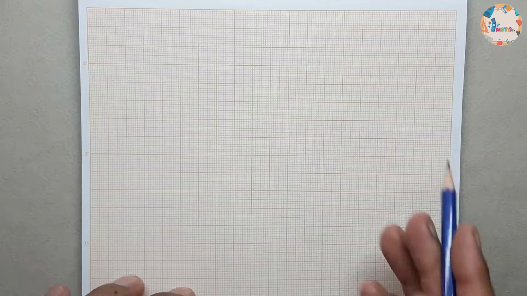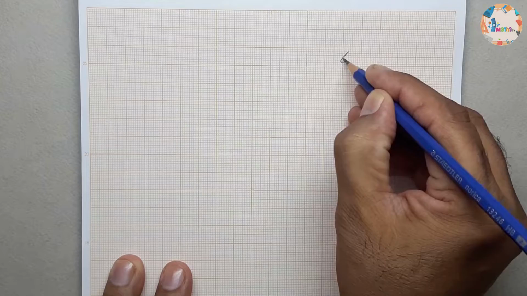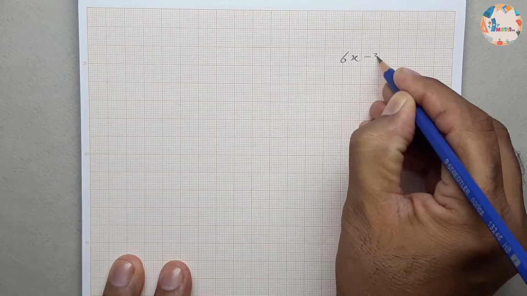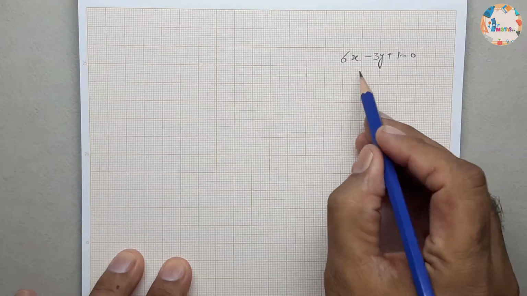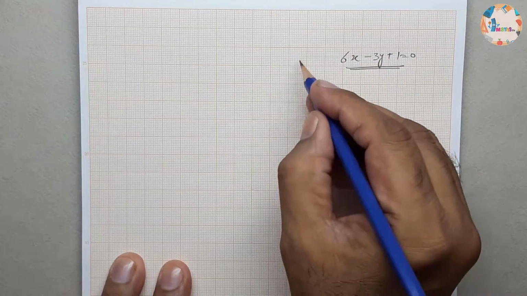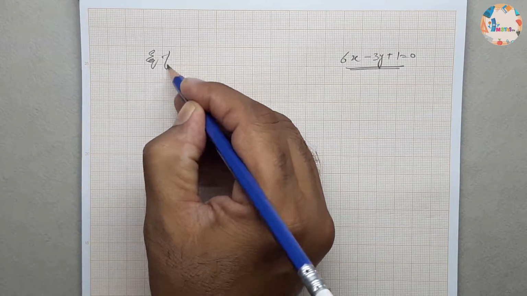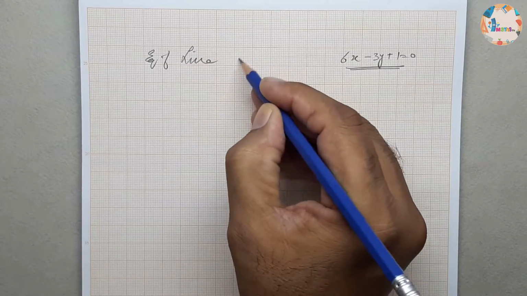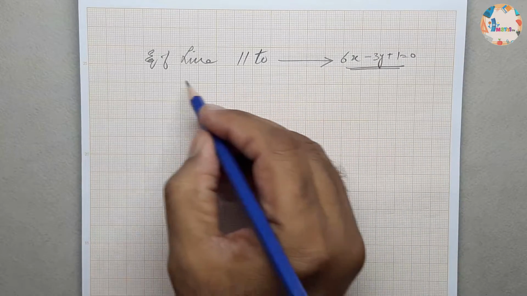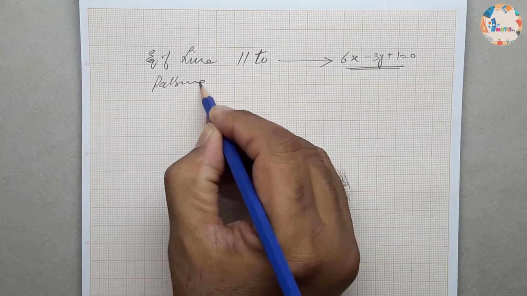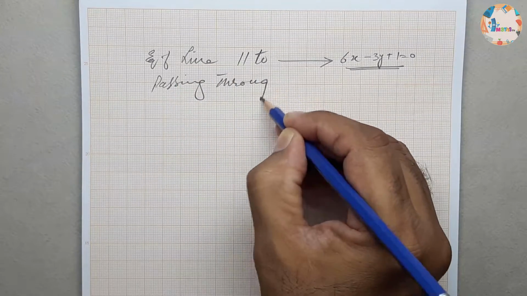Now sometimes they are giving us an equation, for example, 6x minus 3y plus 1 is equal to 0. This is the given equation. They are saying that we need to find the equation of a line parallel to this equation and passing through a point.